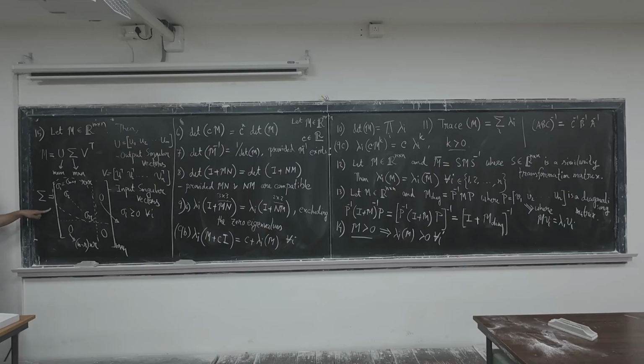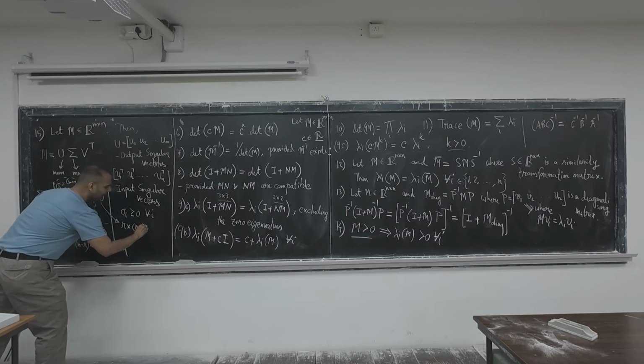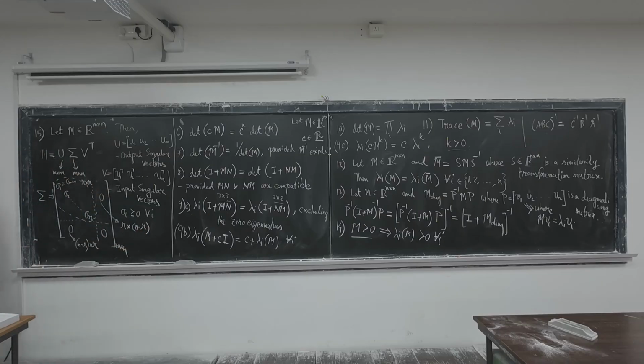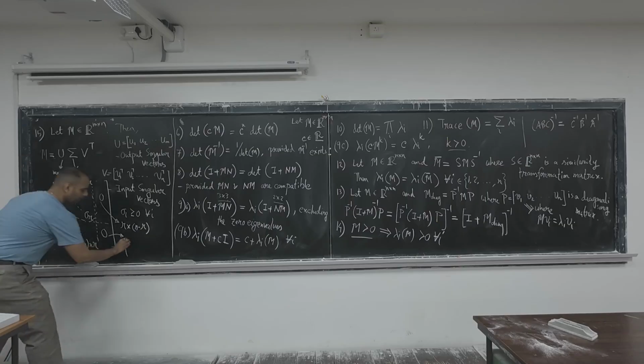Number of rows same, r, and number of columns: here it has already taken r columns, the total number of columns is n, so the number of columns is n minus r. So this dimension is r cross n minus r. Fine. And then lastly, what is the dimension of this partition? m minus r cross n minus r. Right?